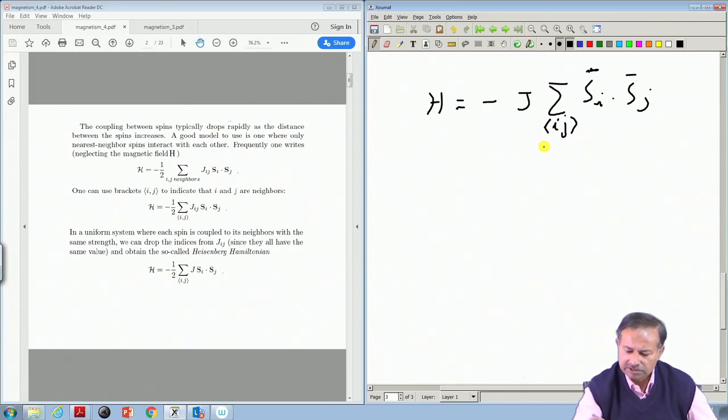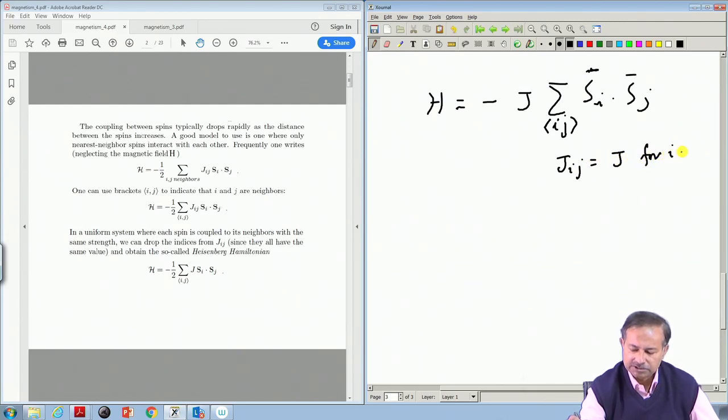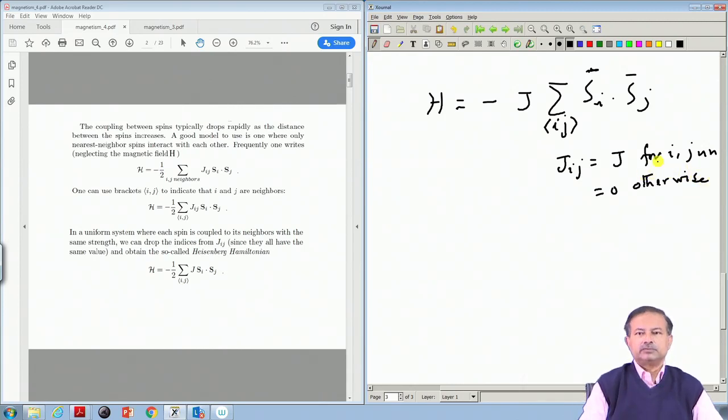That means Jij equal to J only for i and j nearest neighbors, equal to 0 otherwise. That is the way it works, and that is called the nearest neighbor Heisenberg model. So, this Hamiltonian represents a nearest neighbor Heisenberg Hamiltonian. This half you can ignore, you can absorb it in J. Those are things that we will do as we go along.